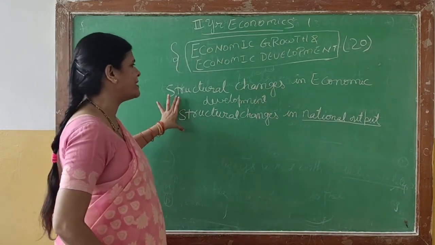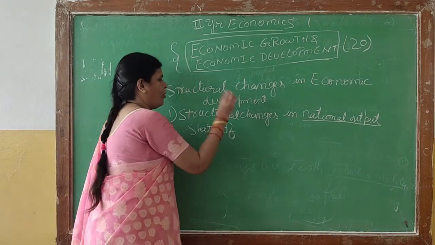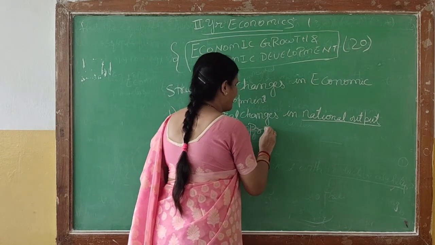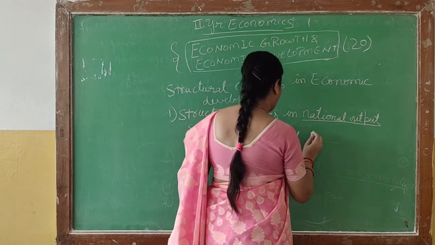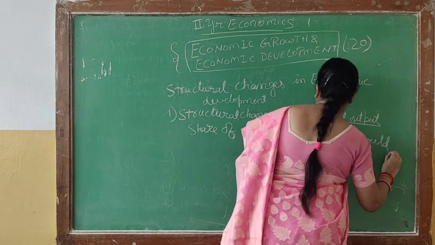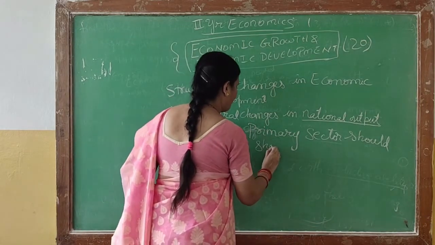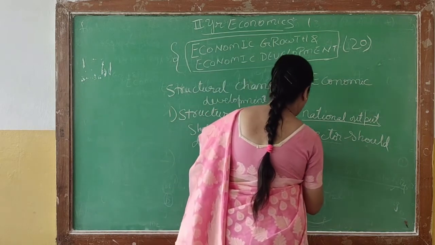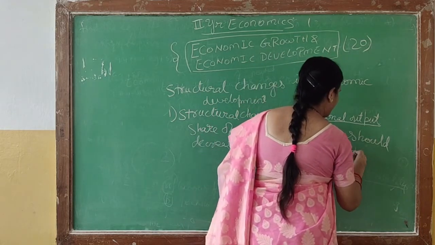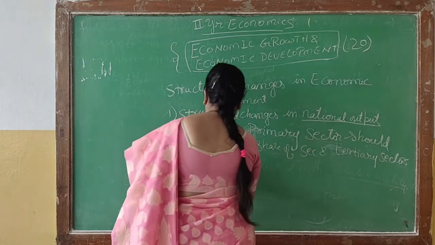So to achieve economic development, the share of agriculture or the primary sector should decrease, and the shares of the secondary and tertiary sectors should increase.